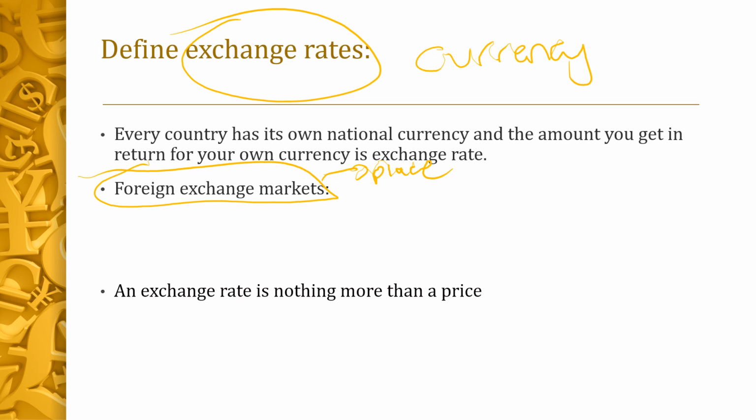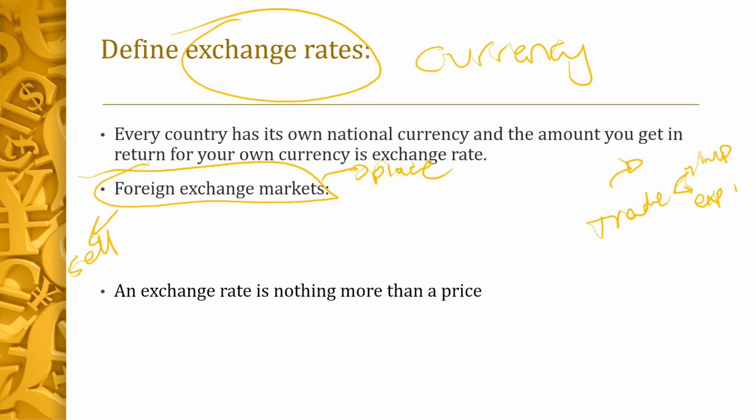And as we said, imports is when we buy goods and services from another country, and exports is when we sell goods and services to other countries. Now, when we are dealing with trade, which includes both imports and exports, you need to know that this requires the exchange of different national currencies.